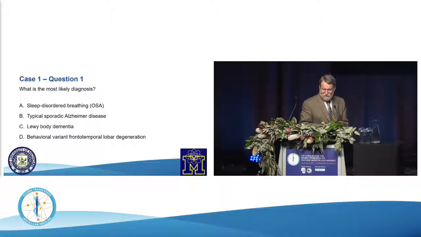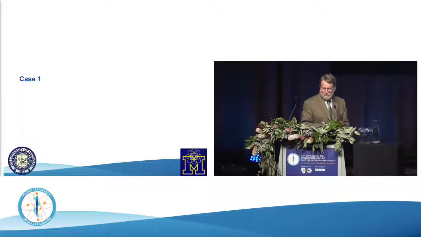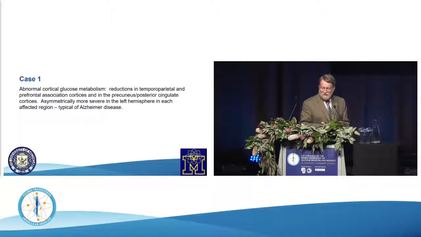The consensus answer here was C, and the reason for this, we won't go back, was because of the involvement of visual cortices. And the official interpretation of this was first that we saw asymmetrical hypometabolism throughout the association cortices of the temporal parietal regions. Posterior cingulate precuneus was also hypometabolic.